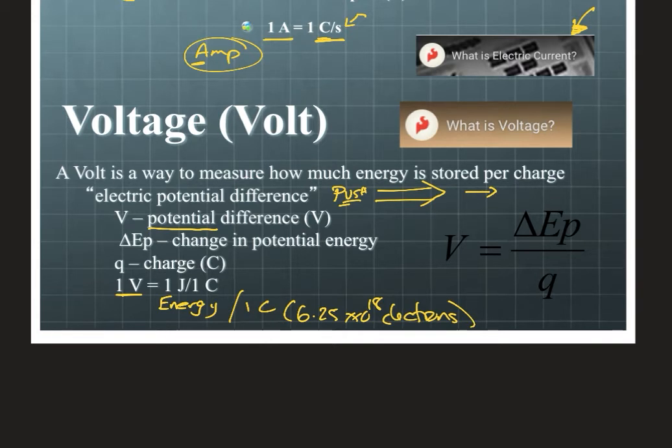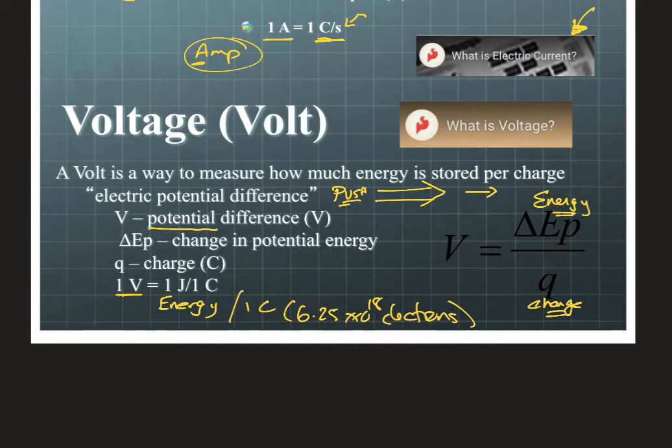So again, think of a falling waterfall. If I have water going over a really steep cliff, it's going to have more push or more energy in it. That's why, if you look at the way I can calculate this, the amount of energy is on the top per the amount of charge, or the number of electrons that are going through.